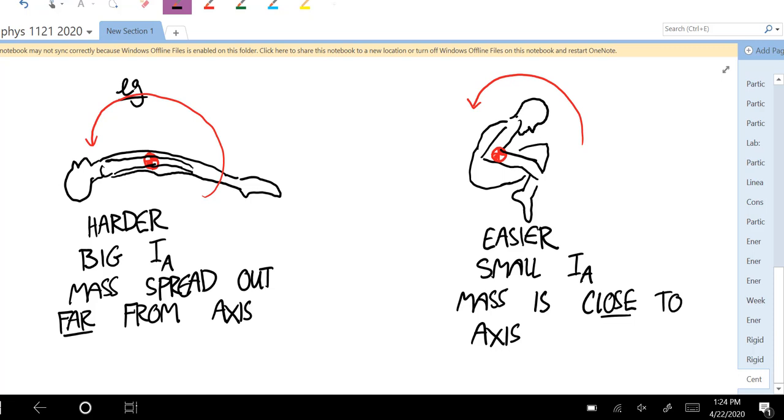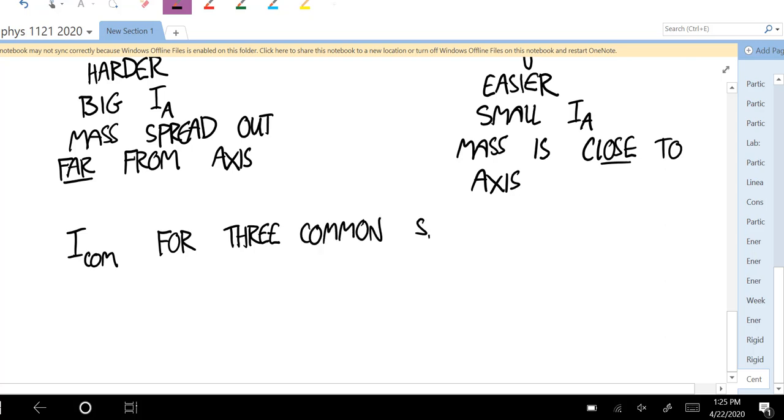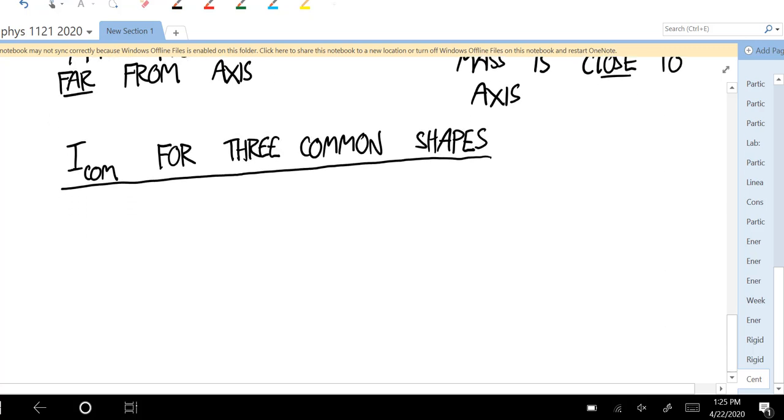And so I'm just going to give you these formulas for the shapes that we're going to use. So, the mass moment of inertia about the center of mass for three common shapes. The first one is a slender rod.